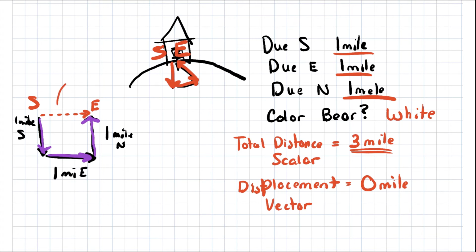Well, this would be a displacement of 1 mile to the east. See, distance, we don't have any direction associated with it. Displacement is a vector quantity. We have both magnitude, quantity, right? And we have a direction, east. Vector, quantity, magnitude, direction. All right.